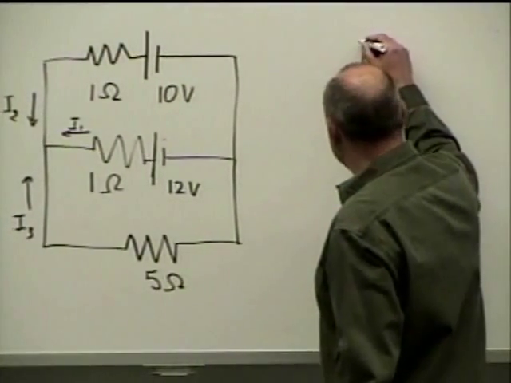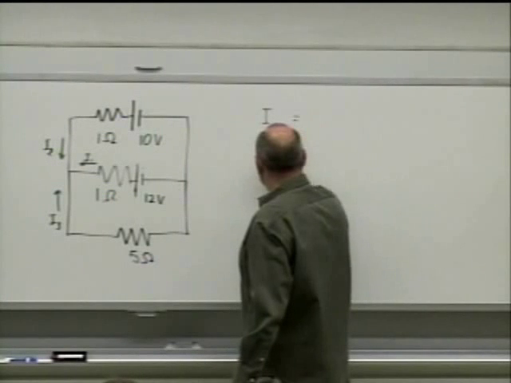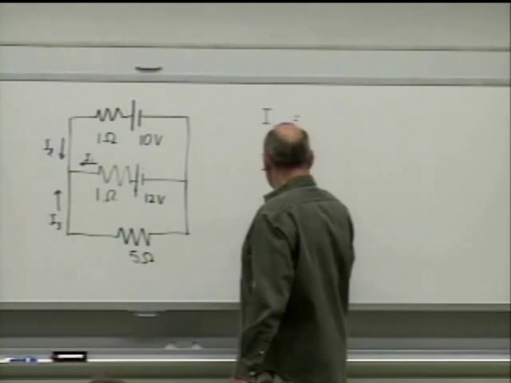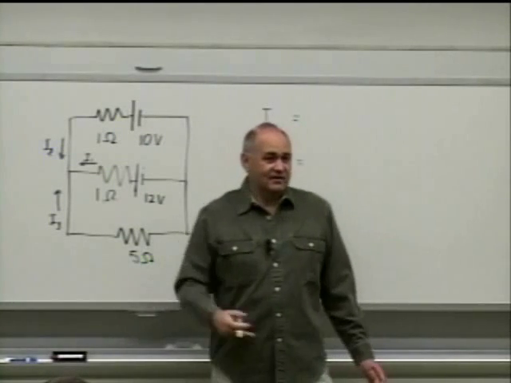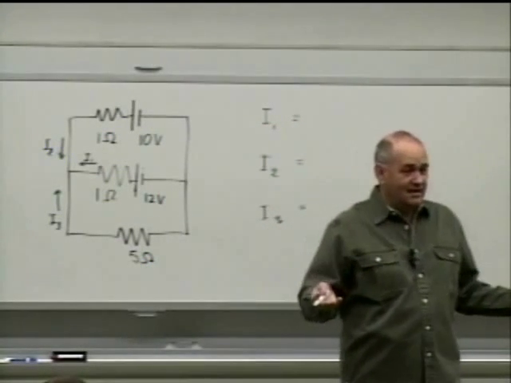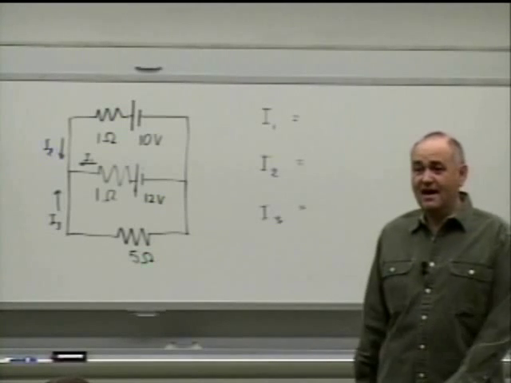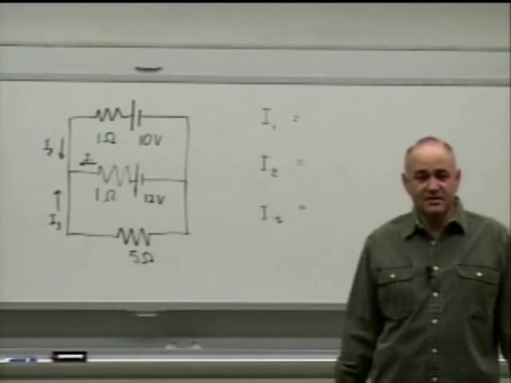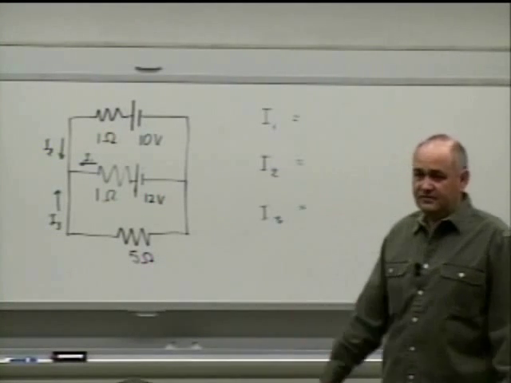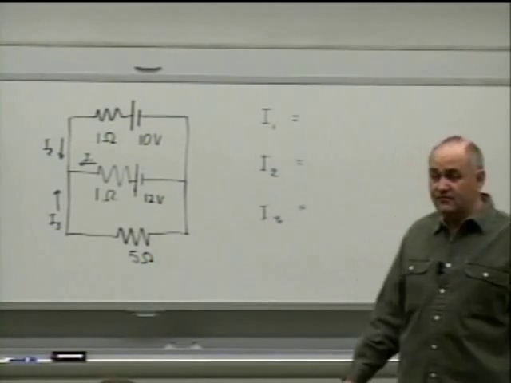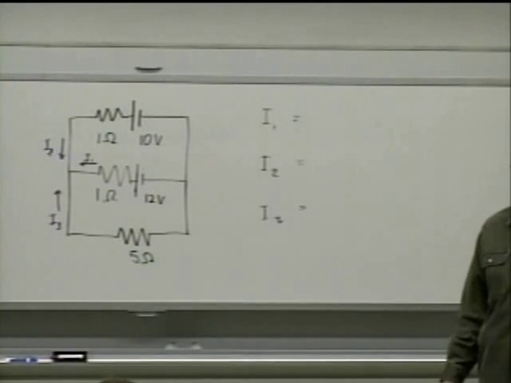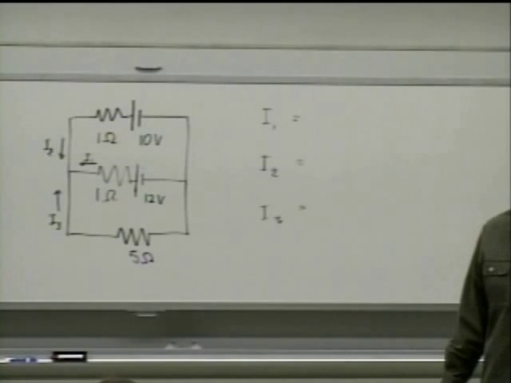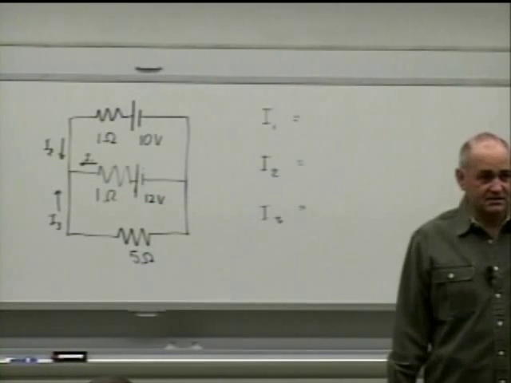Yes, so we have currents I1, I2, and I3. The best way to do it right now is to learn how to use your calculators, and if you have at least a TI-83, it can solve. You just plug in the coefficients in the equation, and the calculator spits out the answers. Has anybody found the current? Yes.